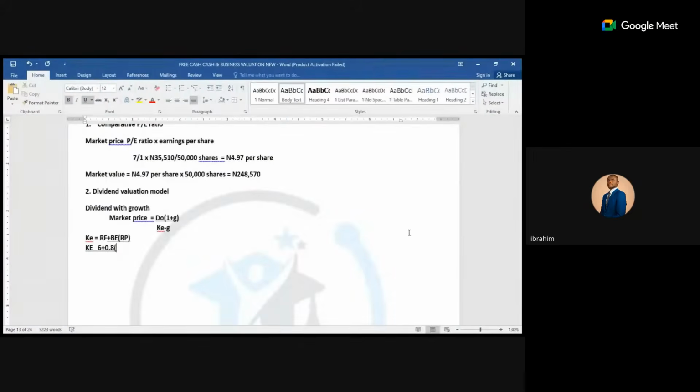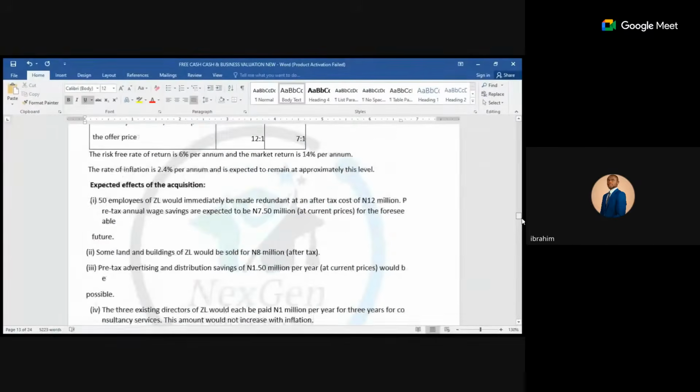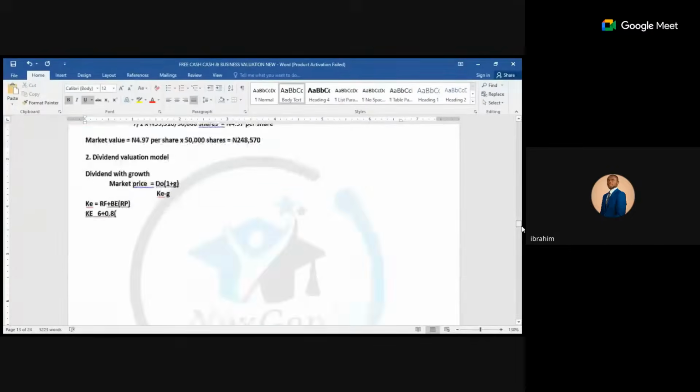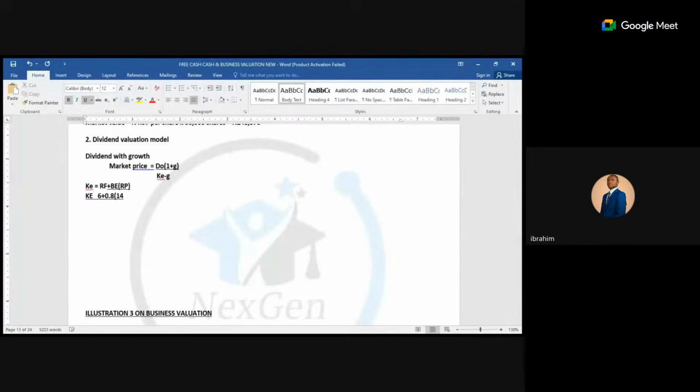So what is the risk premium? Risk premium is 14. So we can have the cost of equity.